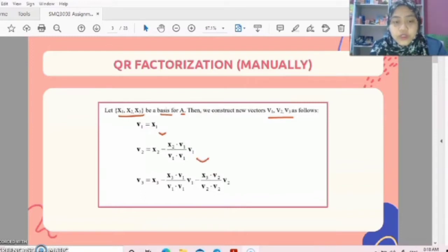For V3, it is x3 minus (x3 times V1 over V1 times V1) multiplied by V1, minus (x3 times V2 over V2 times V2) multiplied by V2.